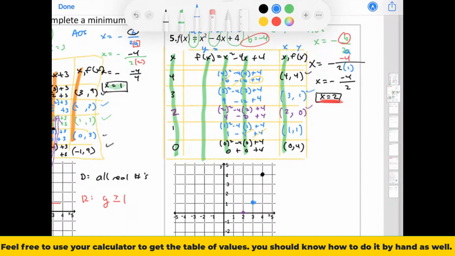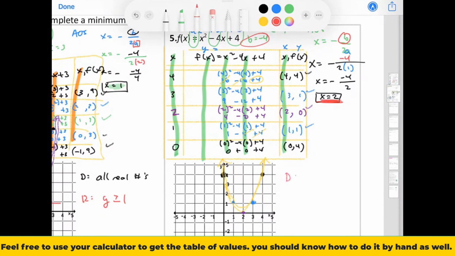Uh-oh, see, here's a mistake. No, it's not. Right 1, up 1. If it doesn't make a parabola, then something's wrong. And then 0, 4. Let's go ahead and draw my parabola here. That's my graph.